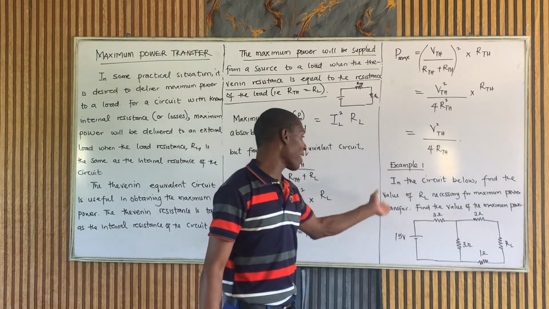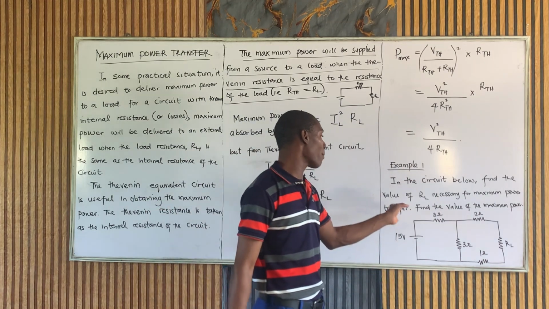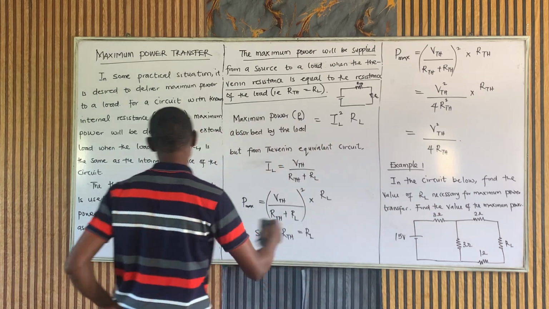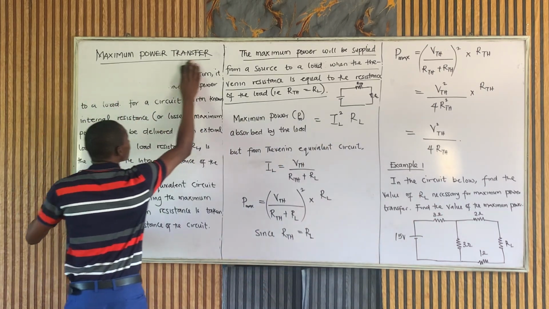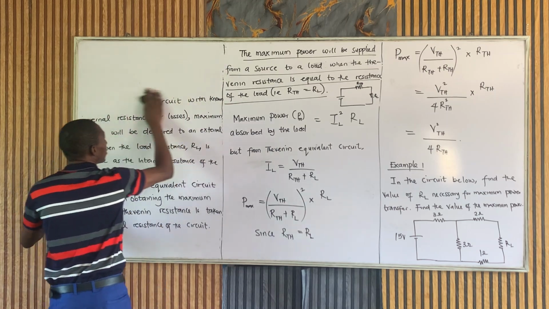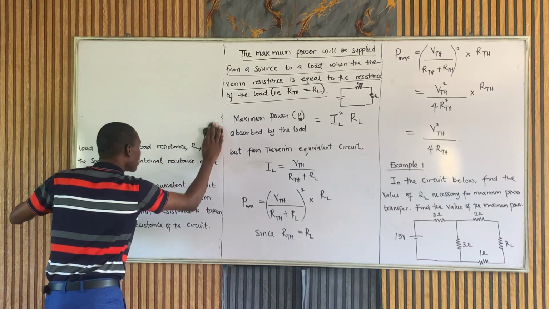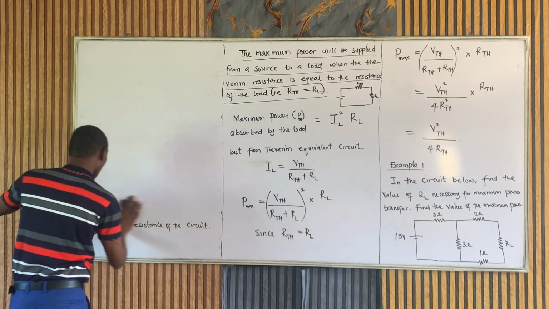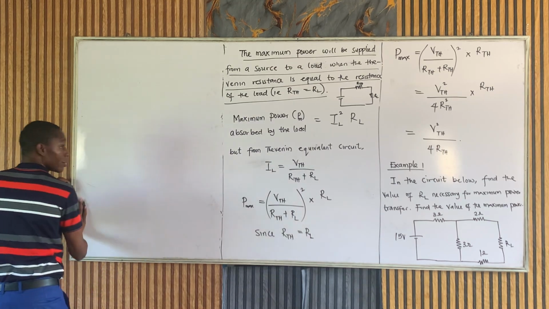In the circuit below, find the value of RL necessary for maximum power transfer. Find the value of the maximum power also. So let's solve that question now. So we'll get our VTH and also our RTH.